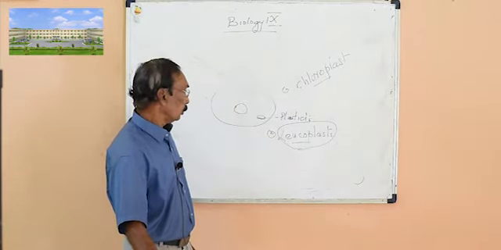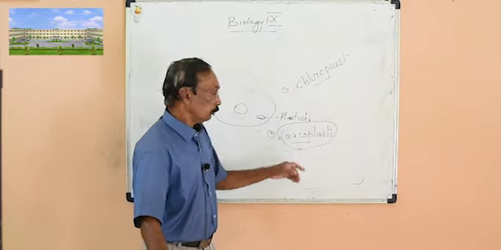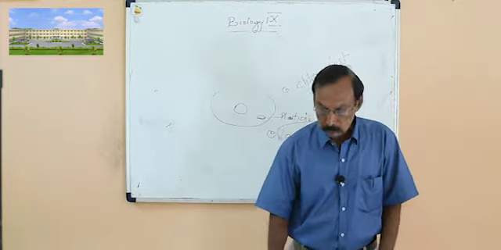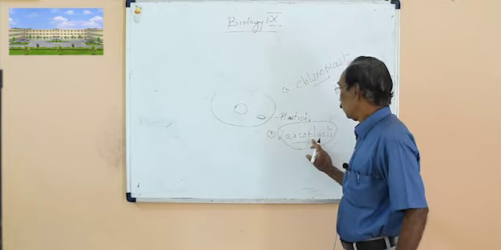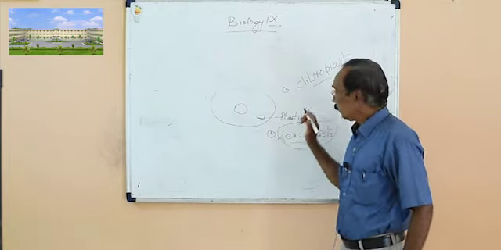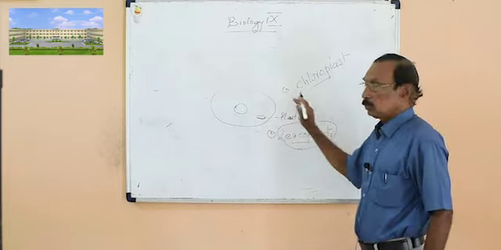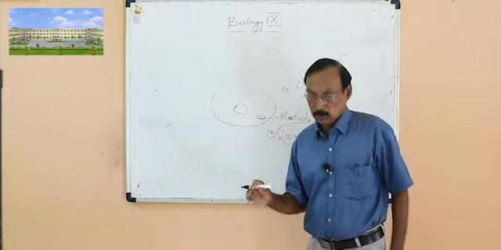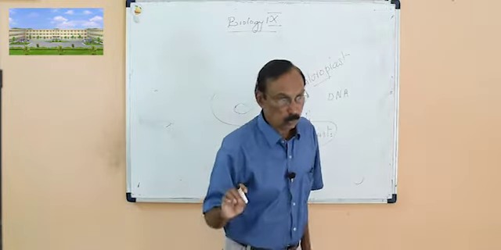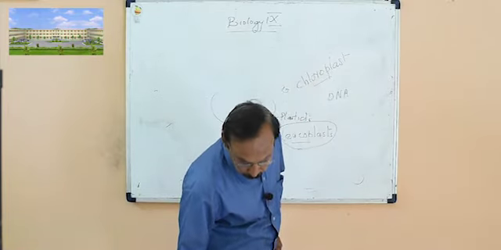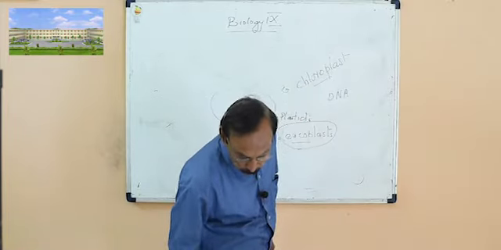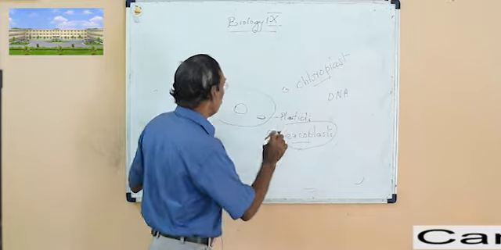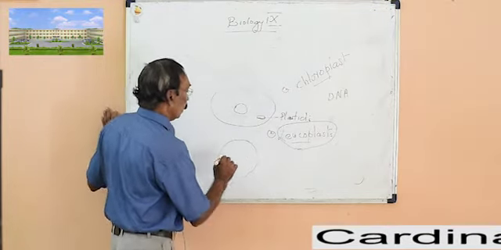The second type is leucoplast, whose main function is storage of various food materials like oil, protein, etc. So other than the nucleus, DNA is present in two organelles: one is the plastid and the second one is mitochondria.